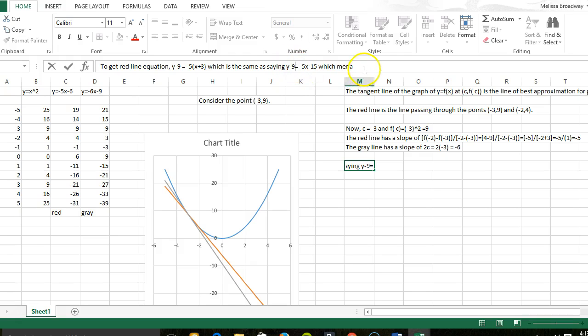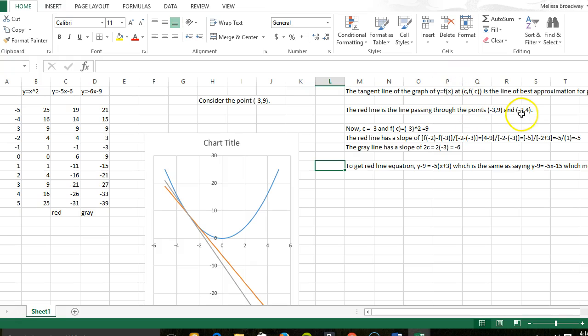So I distributed the negative 5 through the x plus 3, and now if I add 9 to both sides, I'll get y equals negative 5x minus 6. Because I add 9 to negative 15, I'm still at minus 6, I'm just not as negative as I was. And that's where this negative 5x minus 6 comes from. That's how we get the equation of the secant line passing through these 2 points.